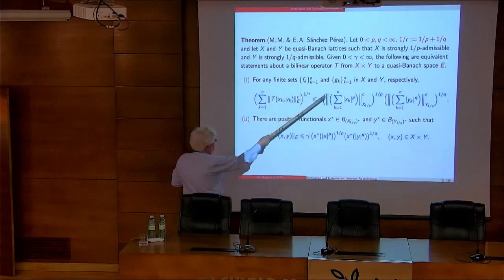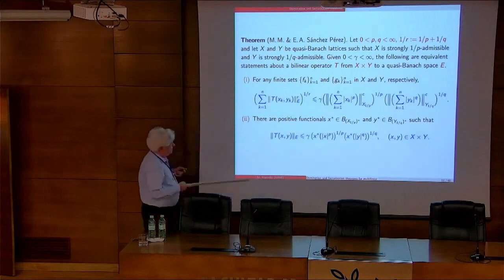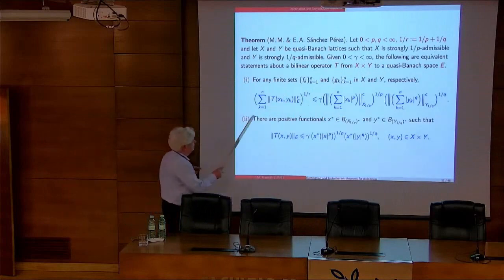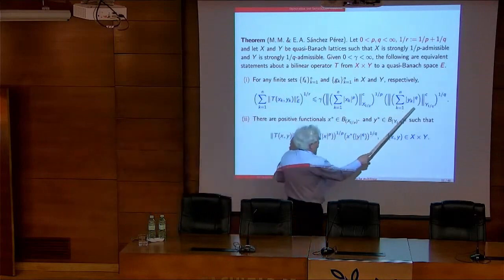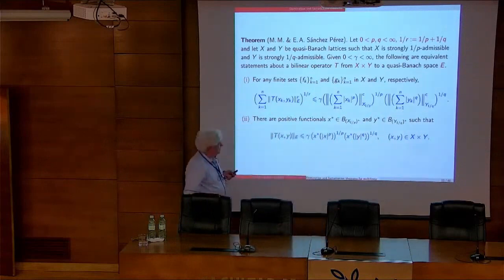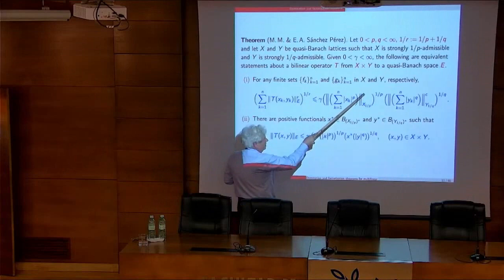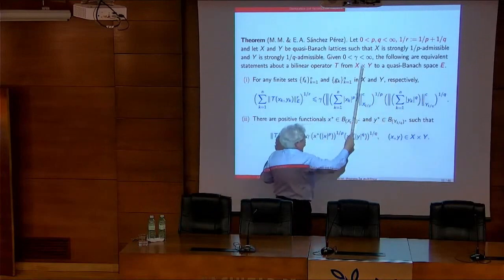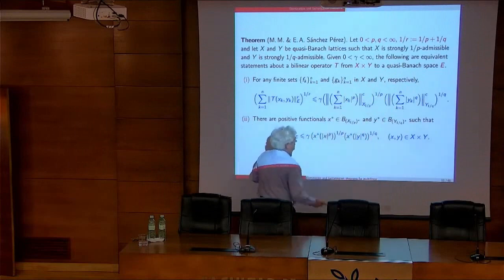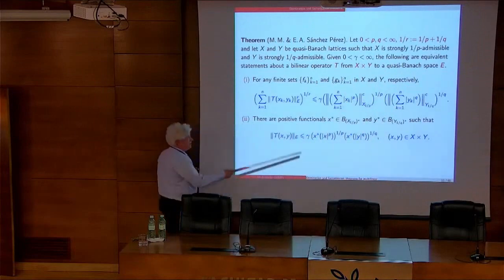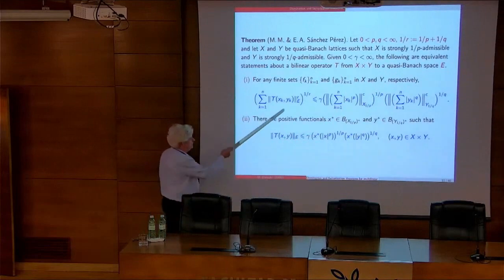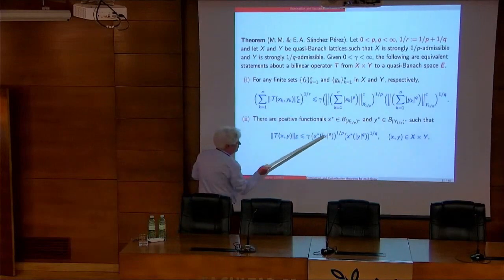For any finite sets respectively in X and Y, we have this vector-valued inequality, where here is a Mankiewicz norm, because we assume this is the Mankiewicz norm in this 1 over P convexification.